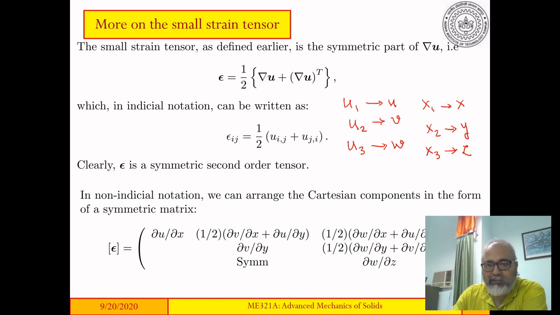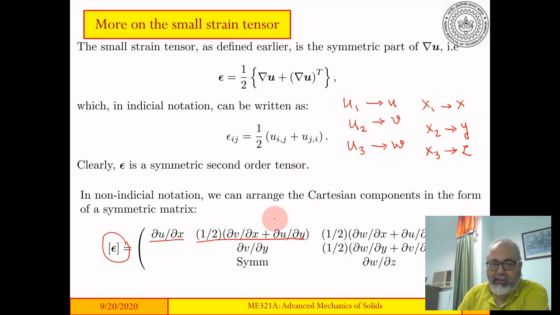So when we do this, if we remember this mapping, this is the matrix form of the small strain tensor in Cartesian coordinates. So epsilon 1 becomes epsilon xx, which is this. This is epsilon xy or epsilon 1 and so on.